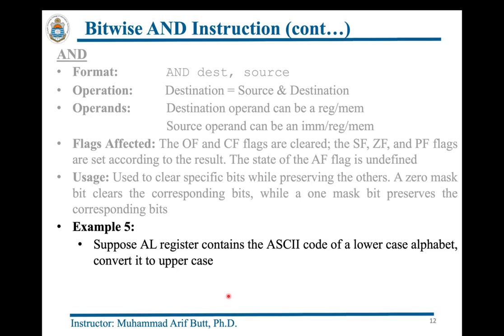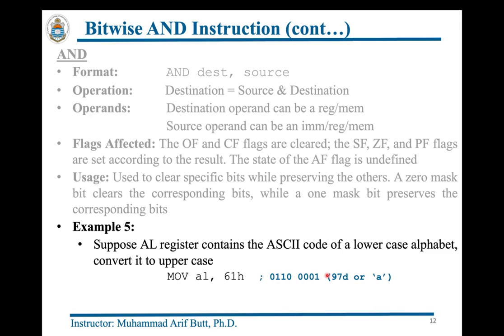Okay, so now let's see if you can do this. Suppose the AL register contains the ASCII code of a lowercase alphabet, and the programmer wants to convert it to uppercase. So this AL contains 61 hex or maybe 97 decimal, and of course you all know that this 97 decimal is the ASCII of the lowercase a.